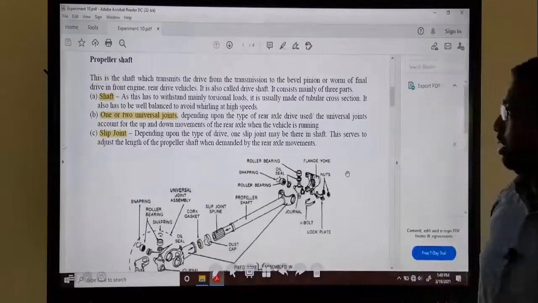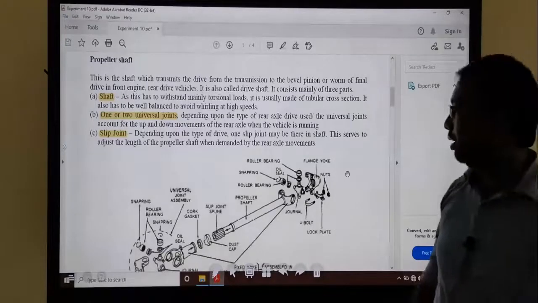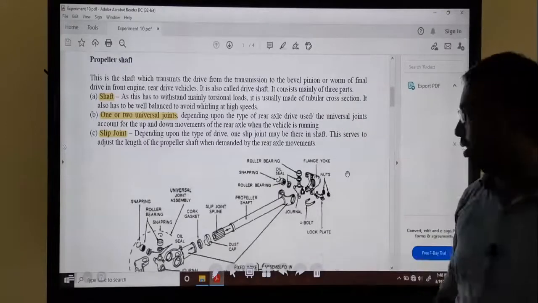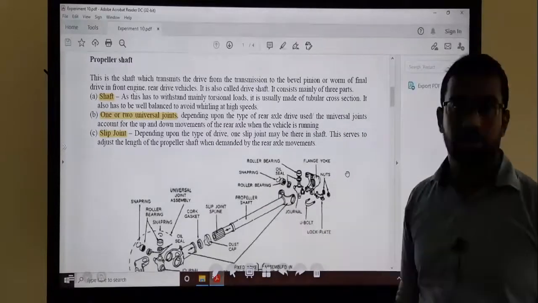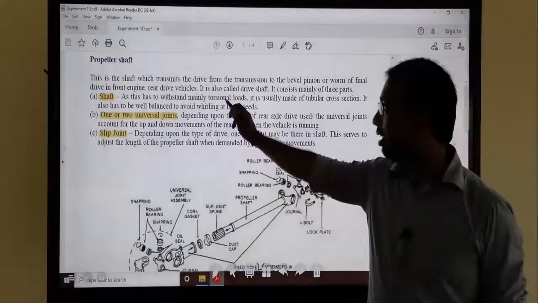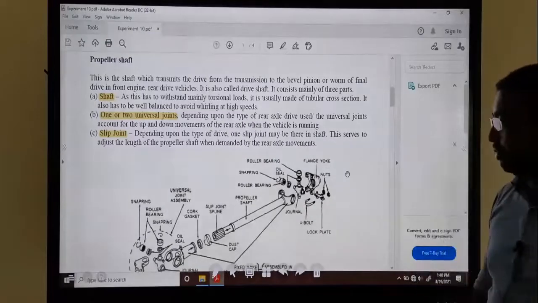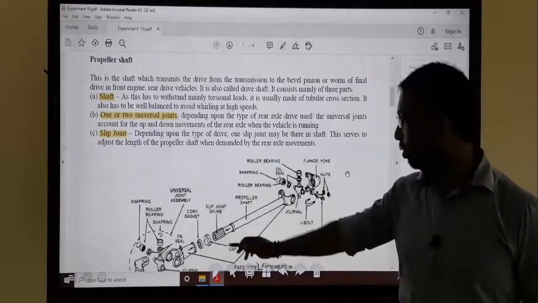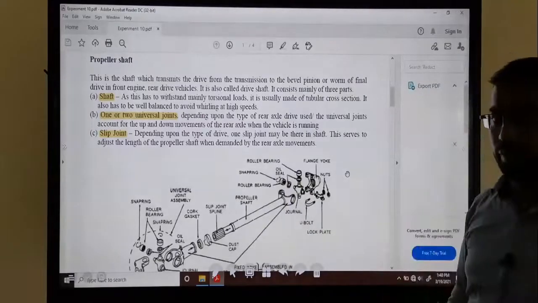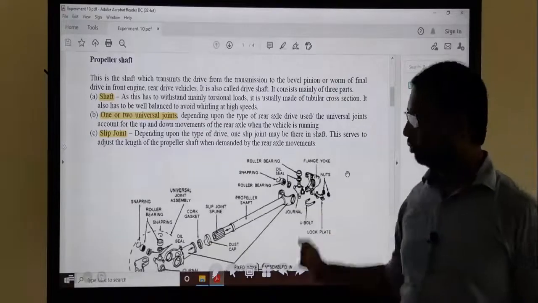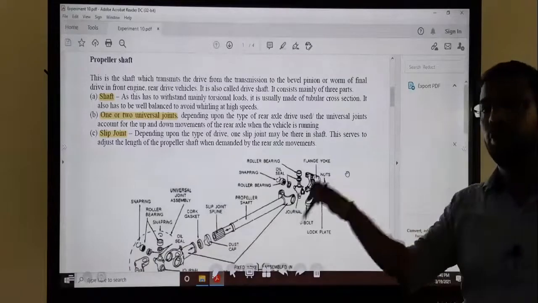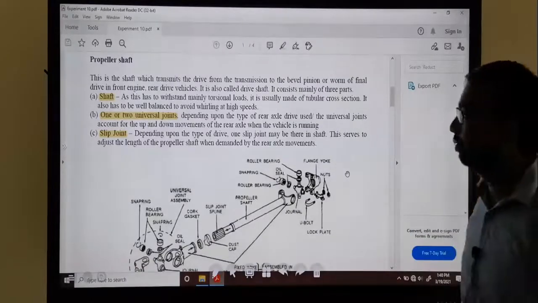The shaft has a tubular cross section, like a cylinder, and it mainly withstands torsional loads. That means it transfers the torque or speed through the shaft. Mostly in rear drives or front drives, it transmits the torque or power from the gearbox to the wheel drives.